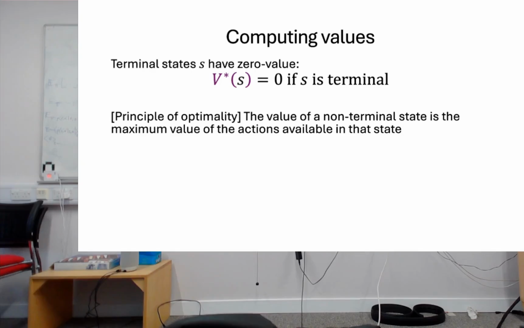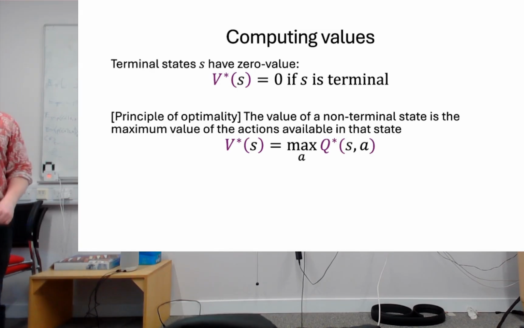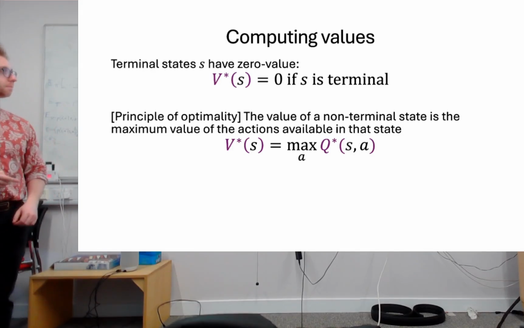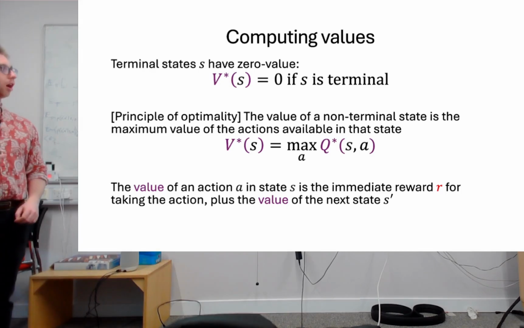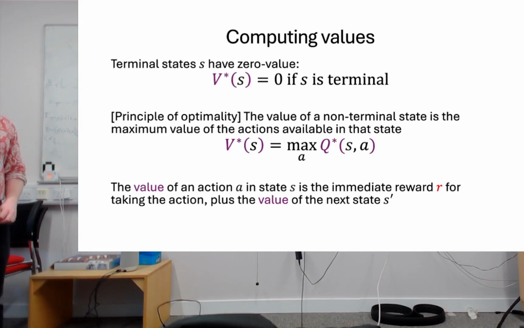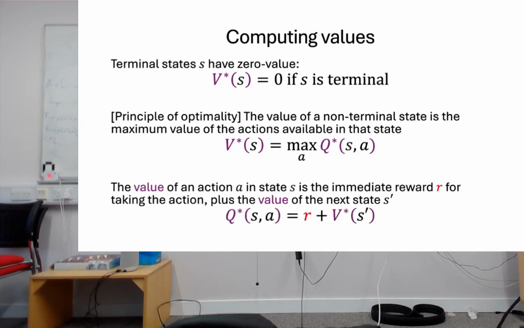How do we express this mathematically? The value of a non-terminal state is the maximum over actions from that state of the action values at that state. Second axiom. And finally, the value of an action in a state is the immediate reward for taking the action plus the value of the next state. To express this mathematically, we have Q star SA equals R plus V star S prime. So these are all the axioms we need to know at this point for computing values.